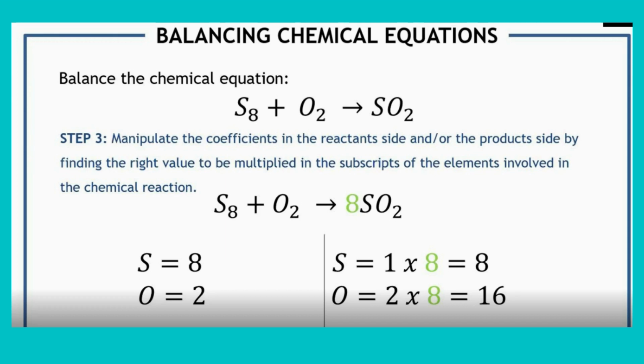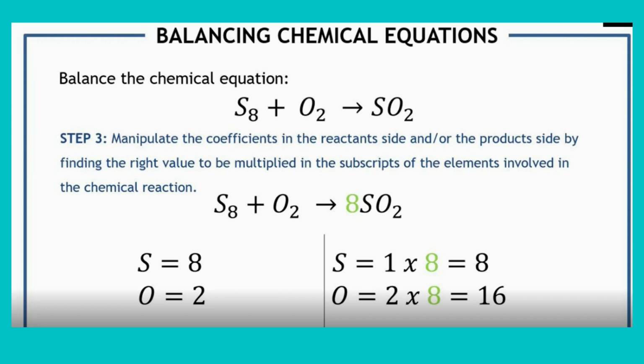So 1 times 8, therefore sulfur now has 8 atoms. And for oxygen, since the coefficient 8 here will affect as well the whole of the product, oxygen now has 16. So 2 times 8.